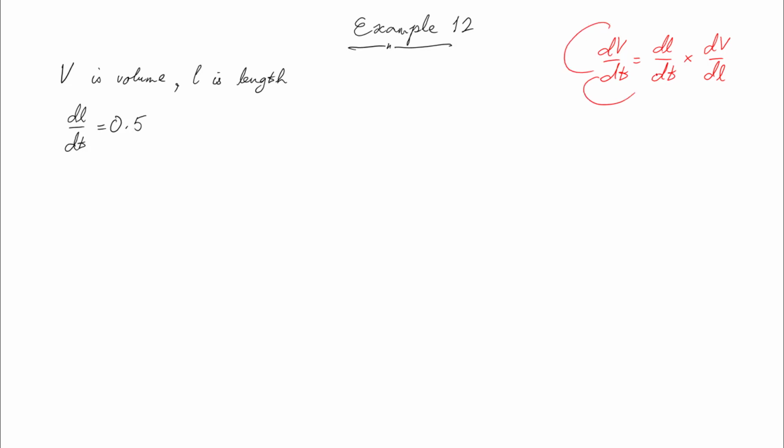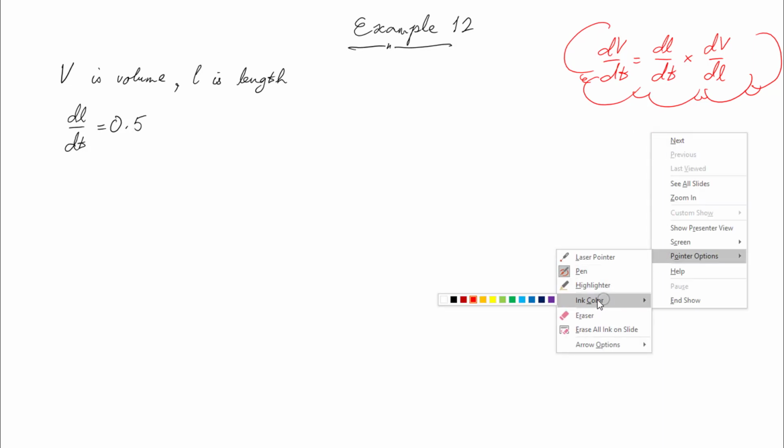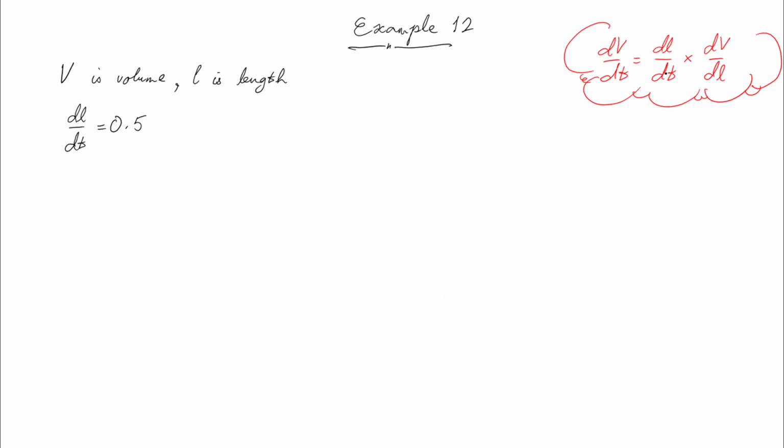Hence, from this you can see that we need to find dV over dl, and you need the relationship between V in terms of L. Then you can differentiate it and substitute everything into the chain rule up here. We know the formula of a cube.